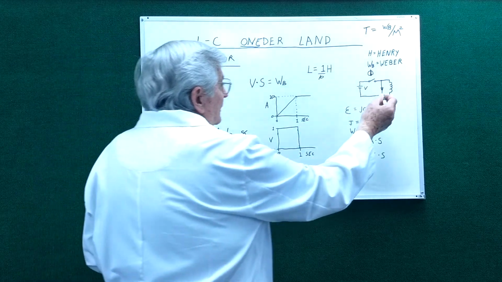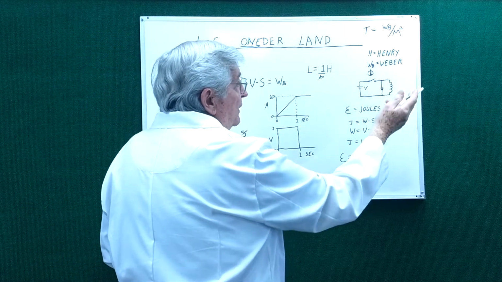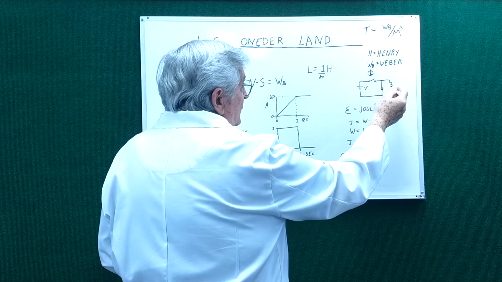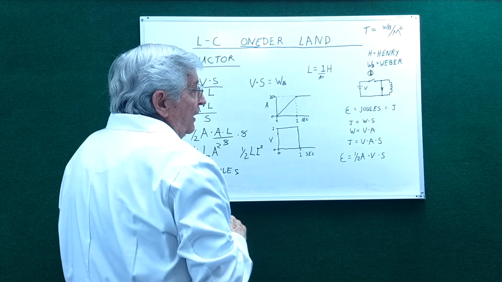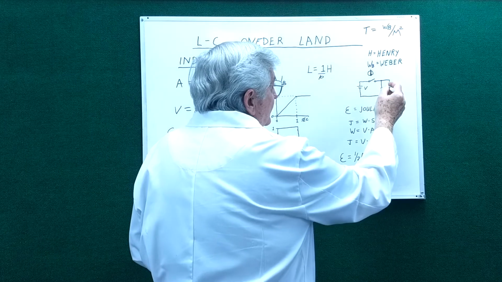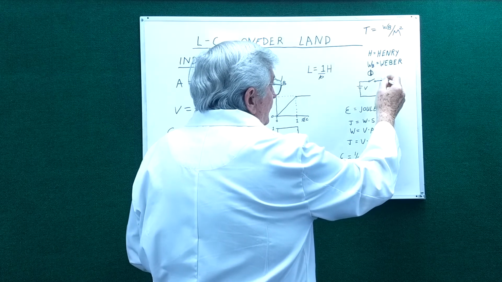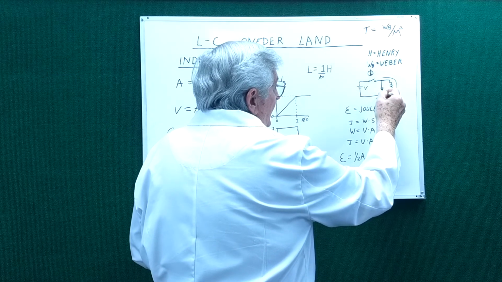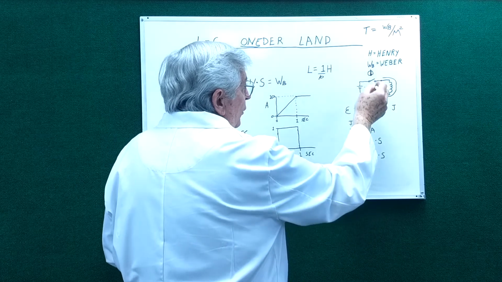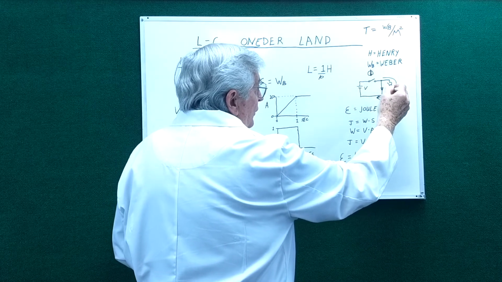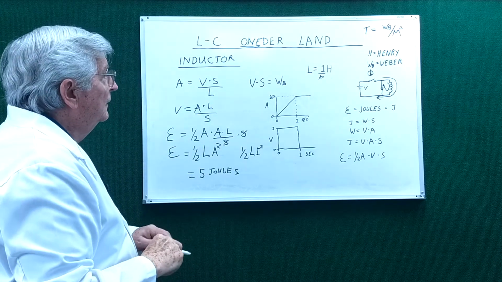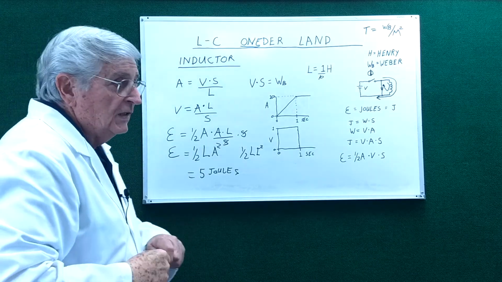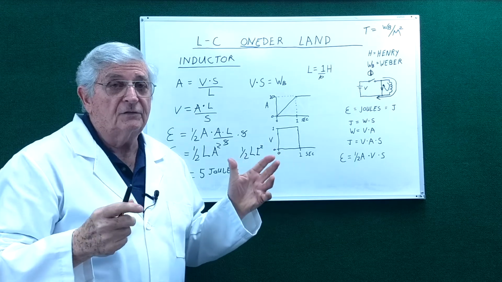By the way, this diode here is sometimes called a back rectifier or a back diode. And what it does is allow the current in the inductor that was flowing this way originally. When we open the switch, the current can flow through that diode. So the energy is not in the flux.